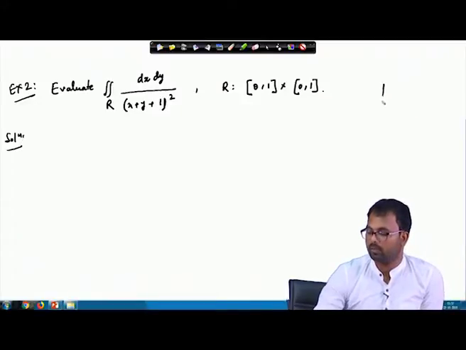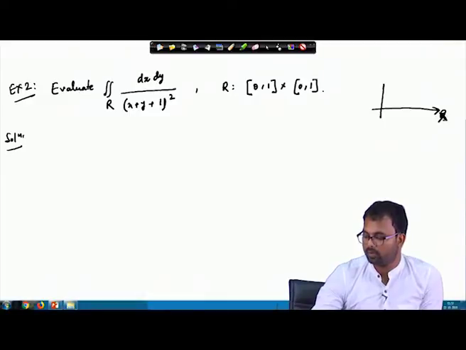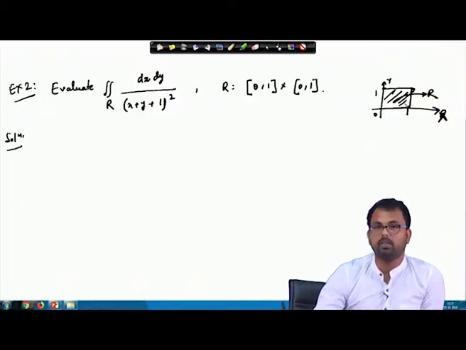So here basically our given domain, or range of integration, is 0 to 1, 0 to 1. So, this is our rectangle.